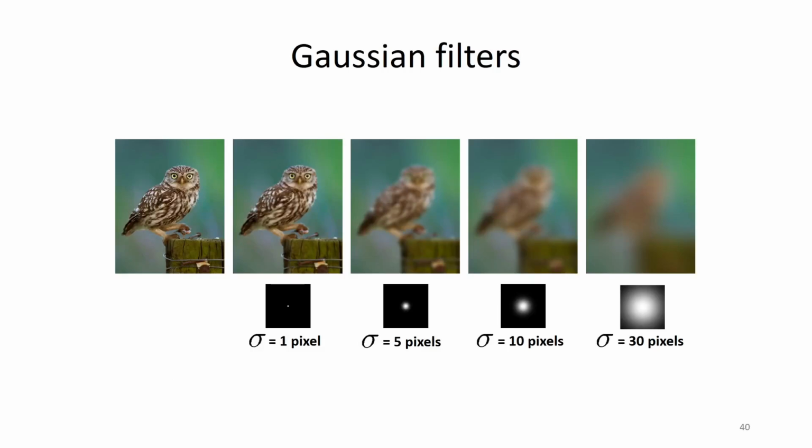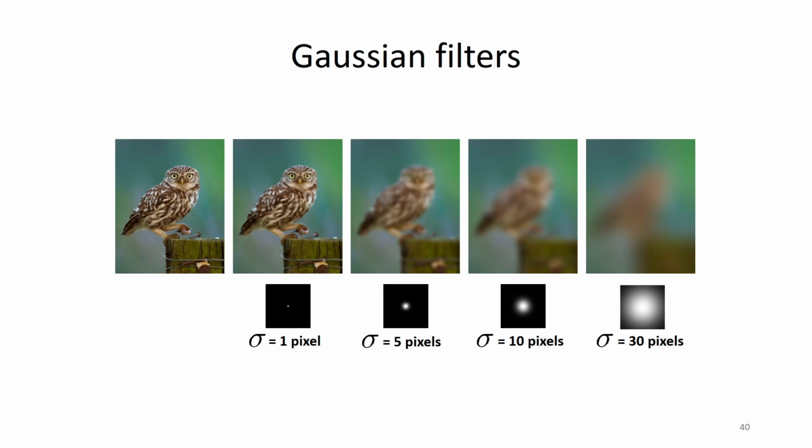This is the input image, and if we apply a very small standard deviation, say just 1 pixel, it's very difficult to spot the difference. But if we increase the standard deviation and apply the Gaussian filter, we will get blurred images.